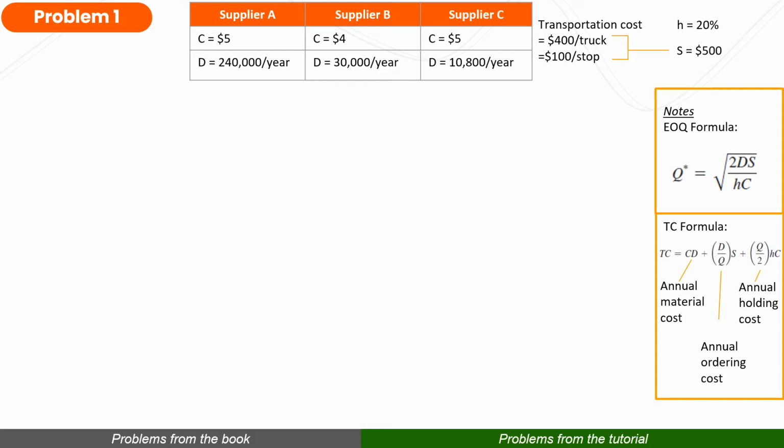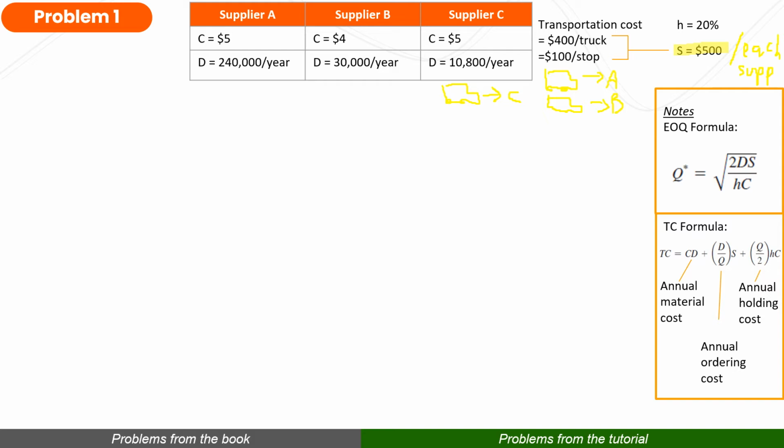So this is from the information from the previous slide, and then we can get that the ordering cost, or S, is equal to $500 for each supplier, because we want to use one truck for each supplier, and for each stop it has the cost of $100. So it is just 400 plus 100, and then we get the ordering cost is $500.